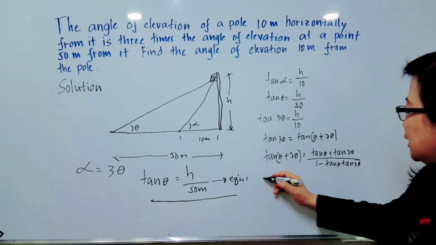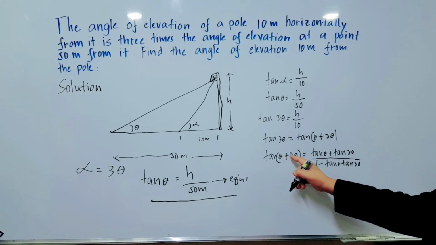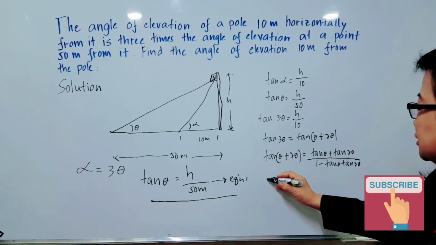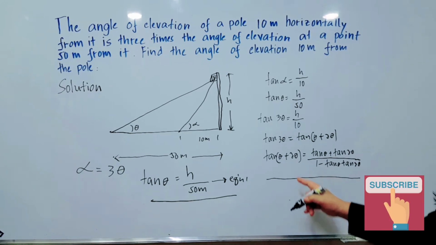Yan, equation yan na tangent parenthesis theta plus 2 theta. This is an equation, a trigonometric identity, a formula.